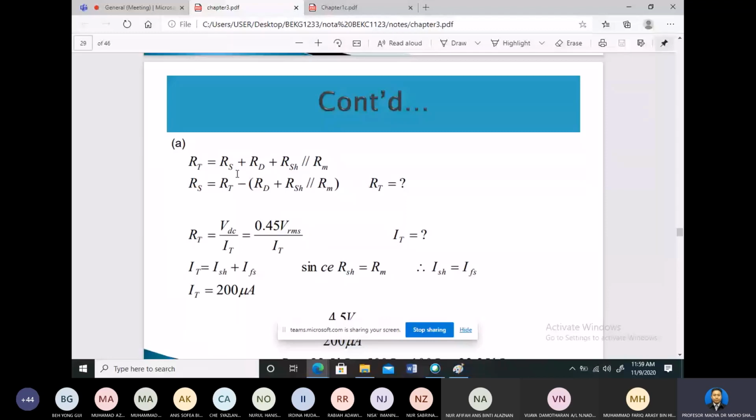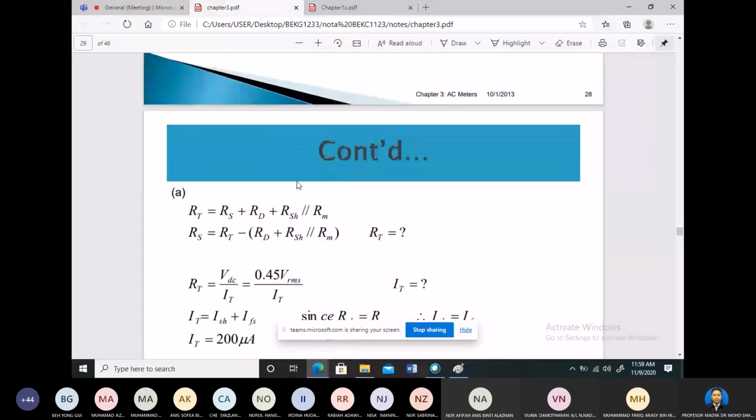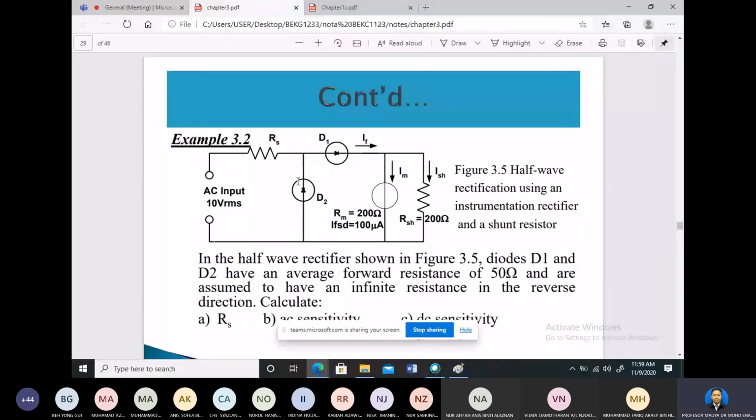So first to calculate the RS, you have to calculate the RT. As I mentioned to you, RT, this one we have the RM.